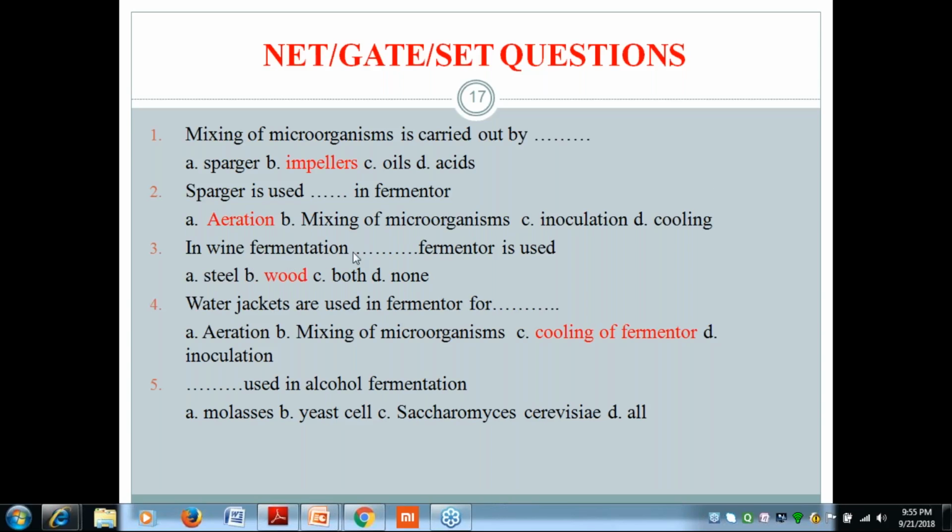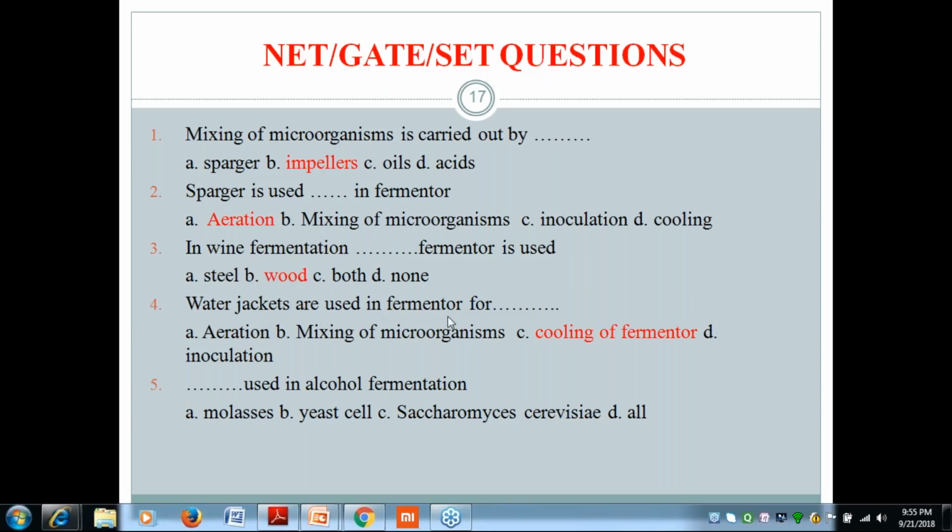Now in wine production or fermentation, which type of fermenter is used? Venkateshwaran, I already marked the answer in red, so we can see the answer. In wine fermentation, a wood fermenter is used, not a steel fermenter.